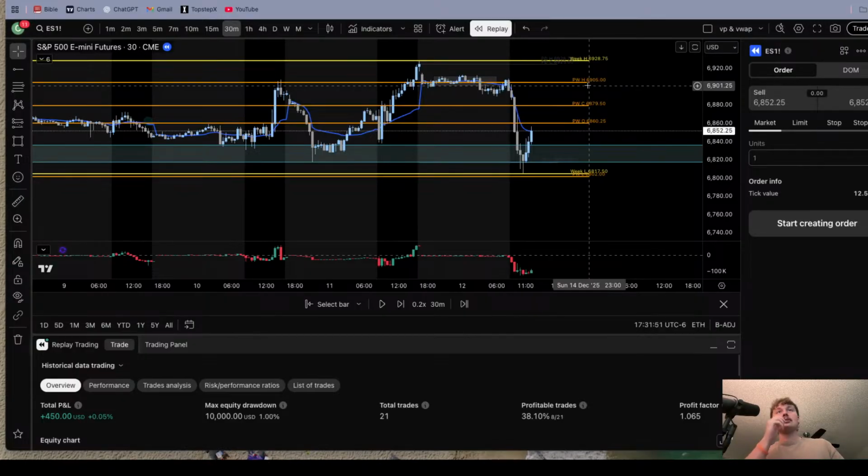Cool. Well, that was a whole week's worth of ES. I know that was kind of a roller coaster of a week. A lot of chop, a lot of just, look at this 38% win rate right here. It's not great, but this goes to show that you don't need some high percentage win rate to be profitable either.